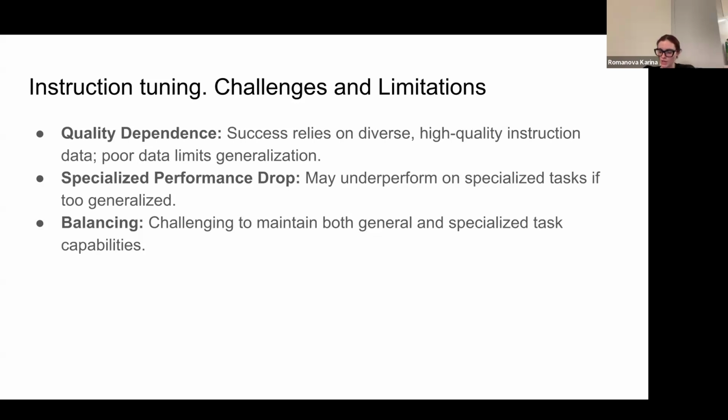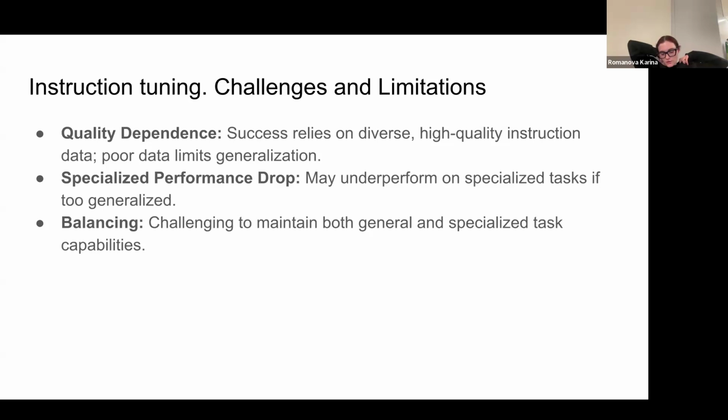But it's the base of alignment right now, and it really works. Also, if you combine instruction tuning with chain of thought, for example, in the OpenAI model O1, they trained this model on chain of thought and following instructions.